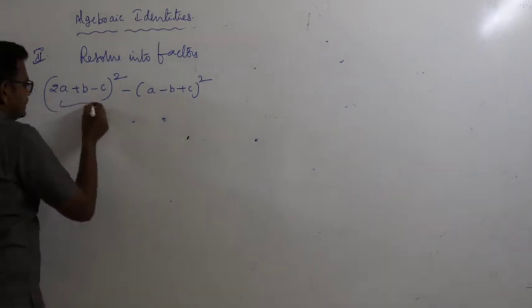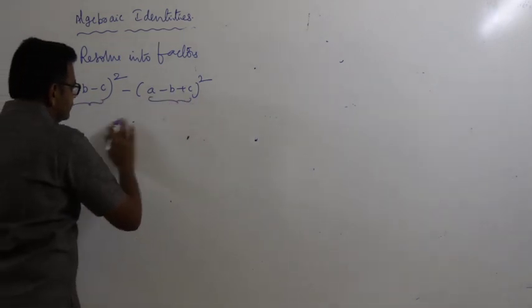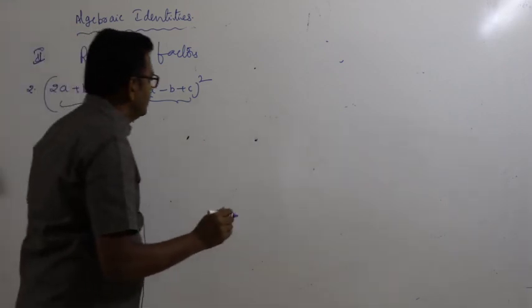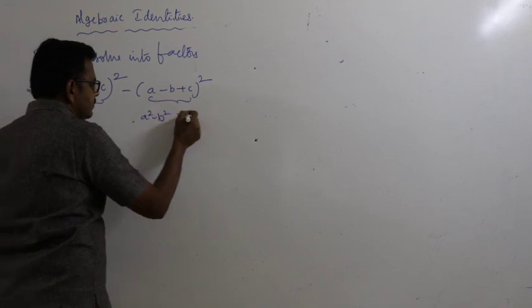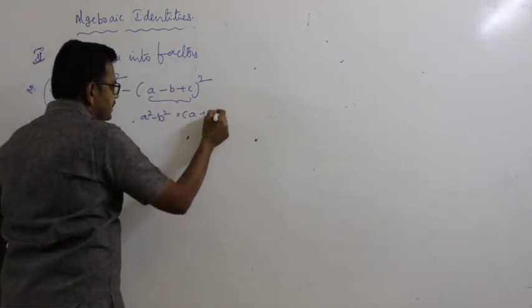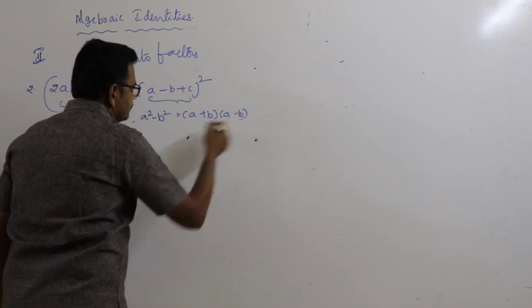This is treated as A, this is B. Again applying the same formula, a square minus b square is equal to a plus b into a minus b.